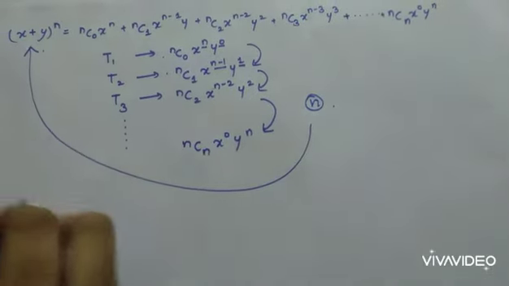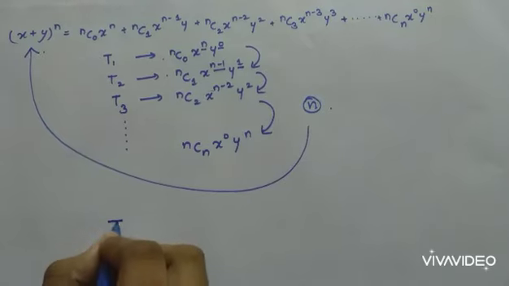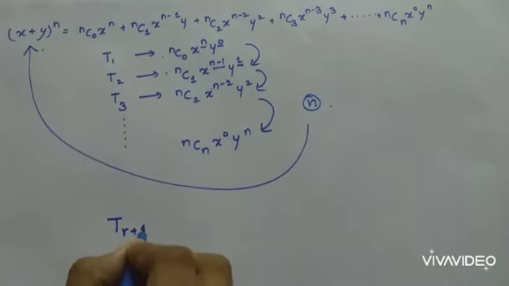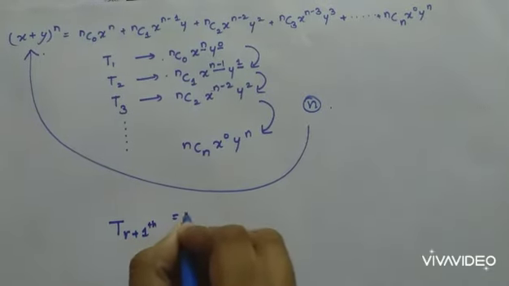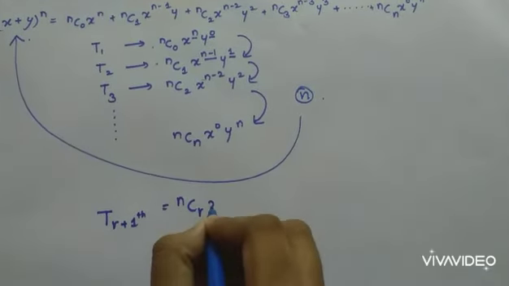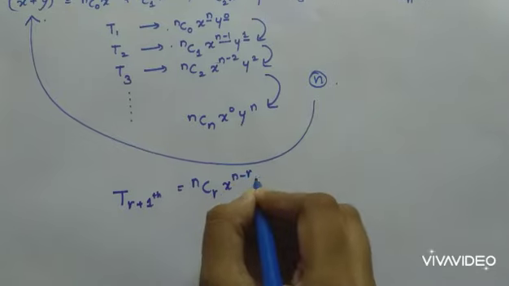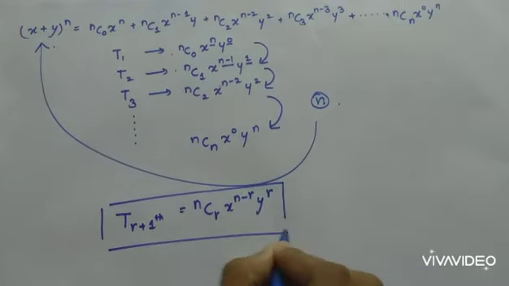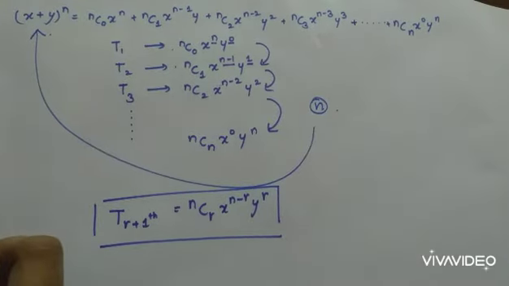So from here we can write the general term of this binomial expansion as the r plus 1th term, given as nCr into x power n minus r into y power r. So here we get the general term of this binomial expansion.